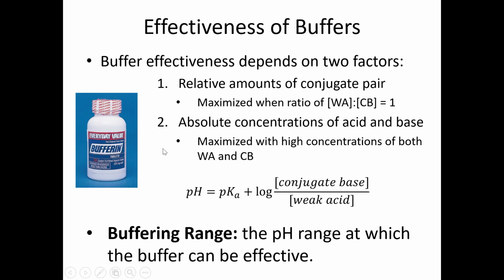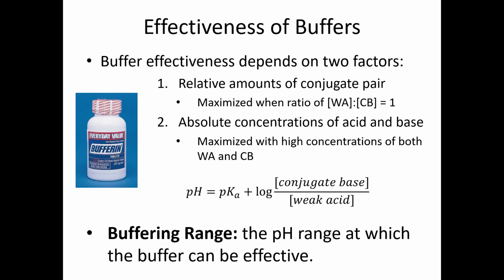The other factor that affects buffer effectiveness is the absolute concentrations of the acids and bases, meaning we want high concentrations. We don't want low concentrations. We want 0.1 molar. We want 1 molar. We want 10 molar, right?